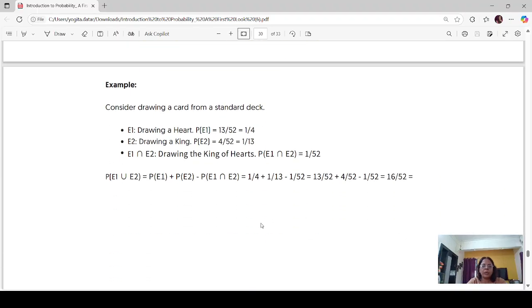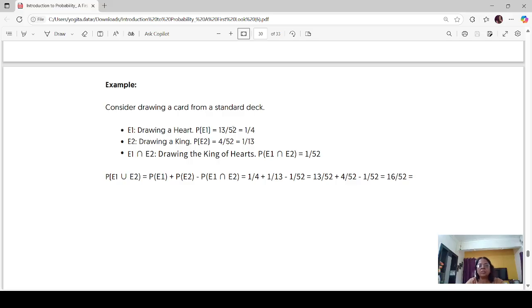Now see here, one example is discussed. Consider drawing a card from a standard deck of 52 cards. Drawing a heart. We know that in a deck of cards, there are 4 suits. One of them is heart. Each suit is having 13 cards. So drawing a heart card means 13 cards are the possibilities.